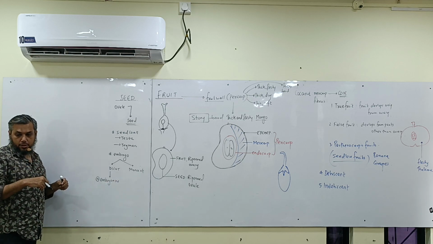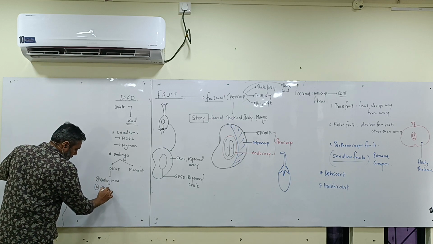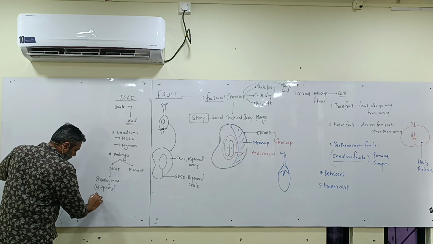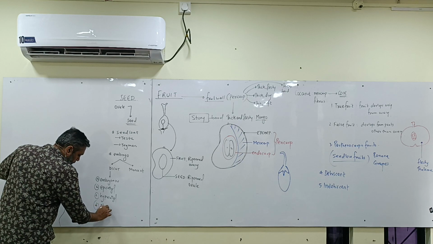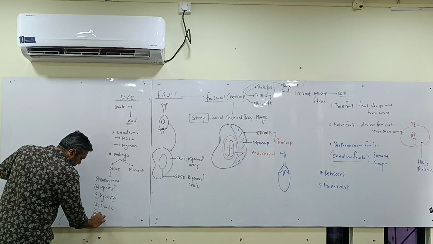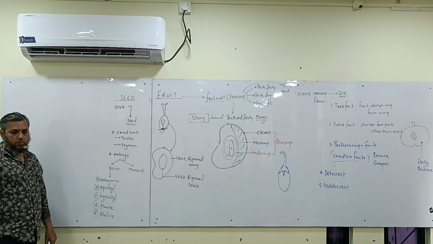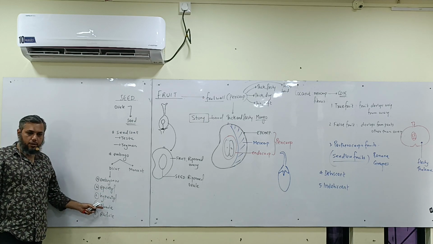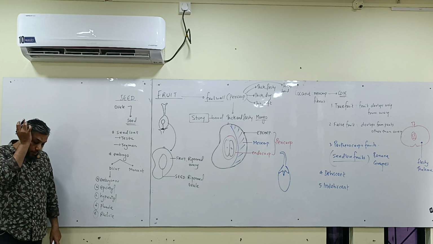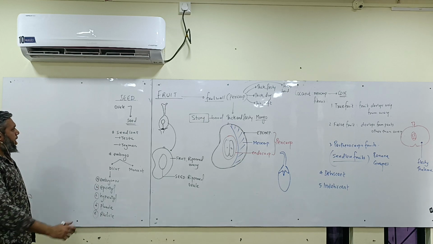Epicotyl, hypocotyl. देखो फर्स्ट पेज पे ही रहेगा. एपिकोटाइल के टिप को क्या कहते हैं? और हाइपोकोटाइल के टिप को क्या कहते हैं? So embryo axis, epicotyl, hypocotyl, plumule, and the radicle. Right? Yes.